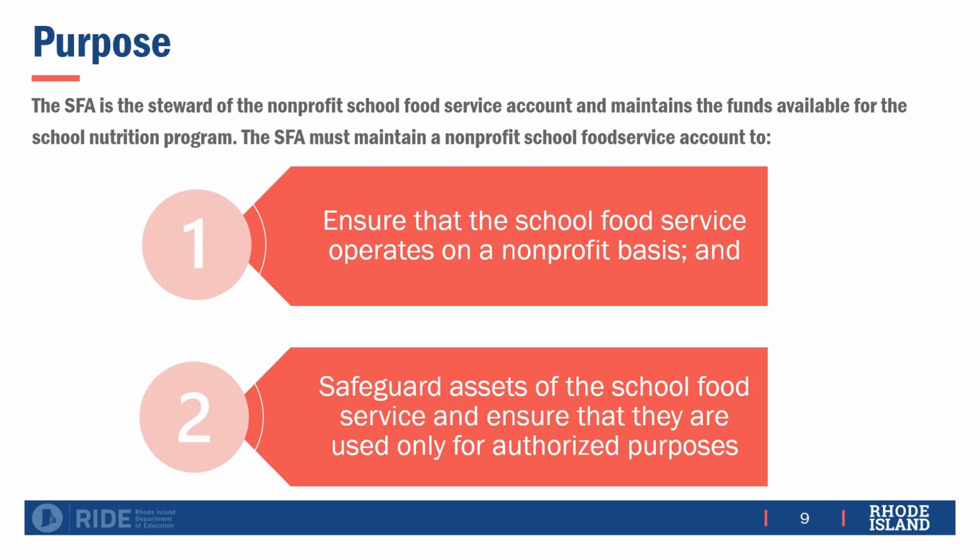To maintain a nonprofit status, the SFA's annual review and expense statement does not have to show a financial loss or even break even, but it is imperative to ensure that program funds are being reinvested in the program and that program revenues are used only for authorized purposes such as food, equipment, and labor, and not used for capital purchases like land, buildings, or other unallowable expenses.